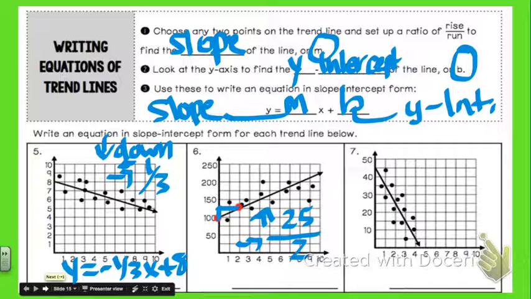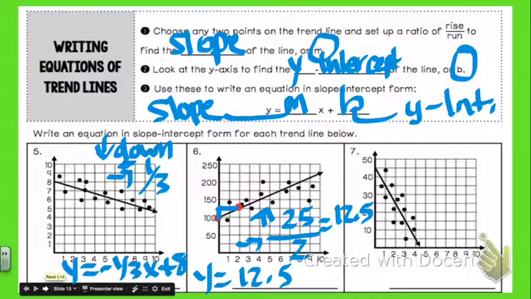So I have 25 over 2. Okay? Well, if I go ahead and reduce that, I get 12.5. You can reduce it in your calculator and divide 2 into 25, and it gives you 12.5. So that gives me y equals 12.5.